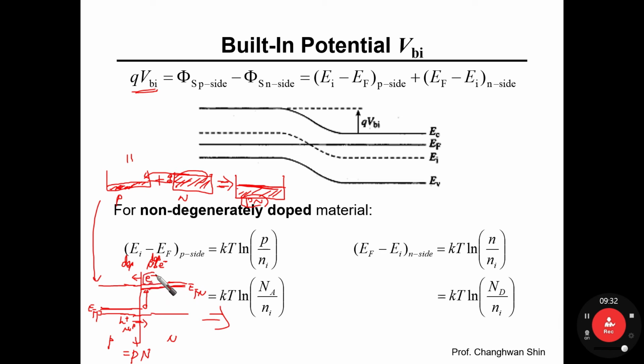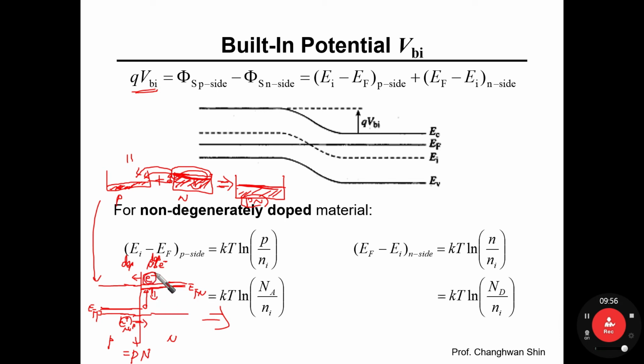While those free carriers diffuse into the other side, the depletion layer is simultaneously formed, then the Fermi energy level would move downward. It looks like most of the water is spilled over into the P side, so the water surface has moved downward. So the same thing can happen in the N side.